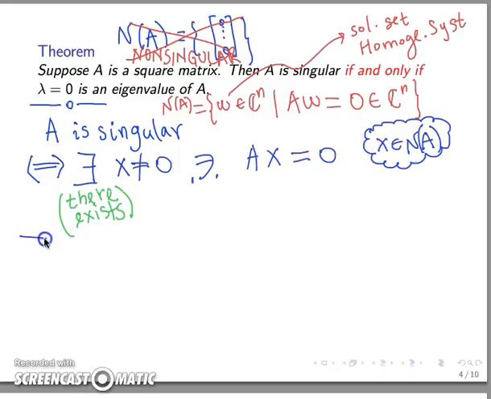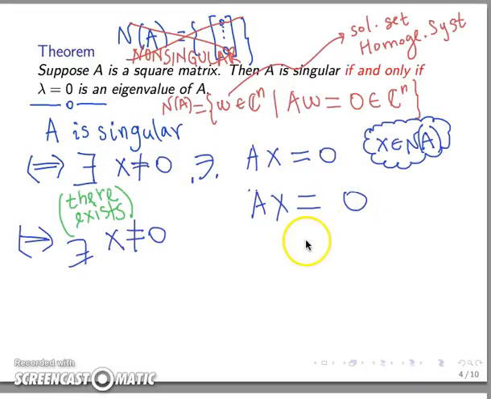And then we have that AX equals 0 if and only if, same statement we write, there exists X not equal to 0, but then we're going to rewrite this same thing we had there, AX equals 0, but now we're going to write the right hand side as 0 times X, okay?